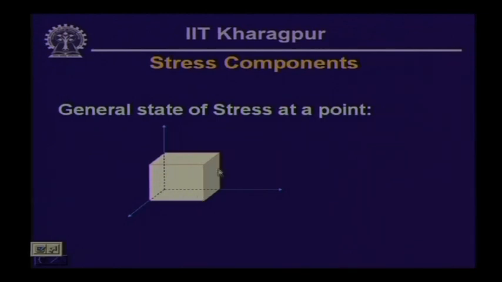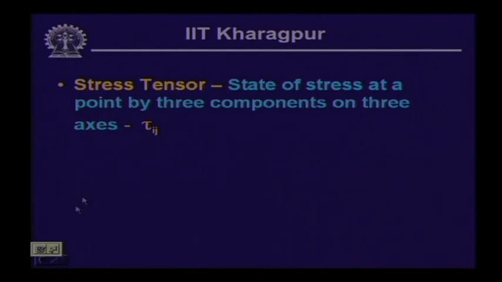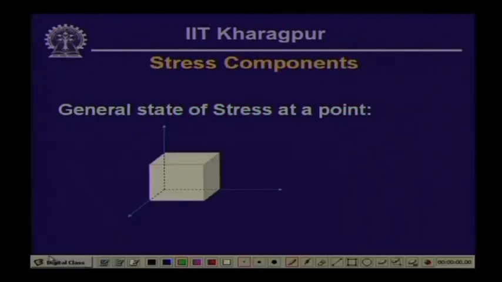So, for stress at a point, there are the 3 faces which are visible to us, in the front of the board. Let us say this is the x axis, this is the y axis, this is the z axis. The stress on this particular plane in the direction of x is the normal stress sigma x, this being the x plane.